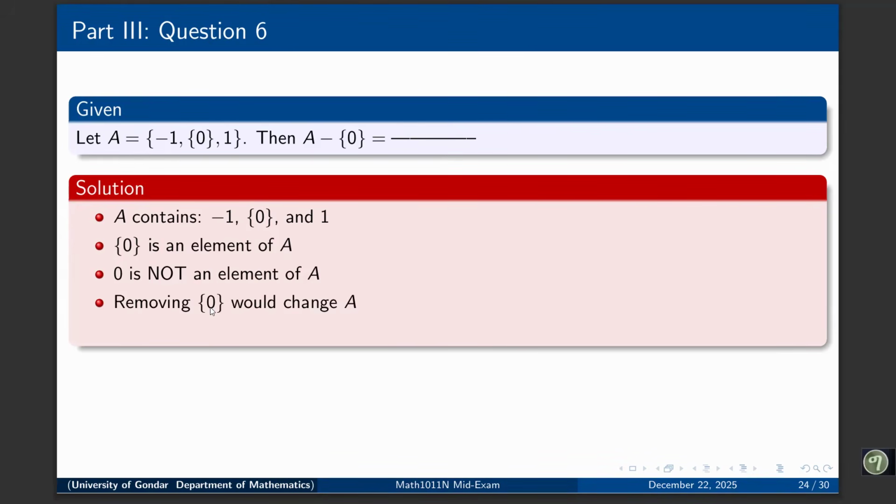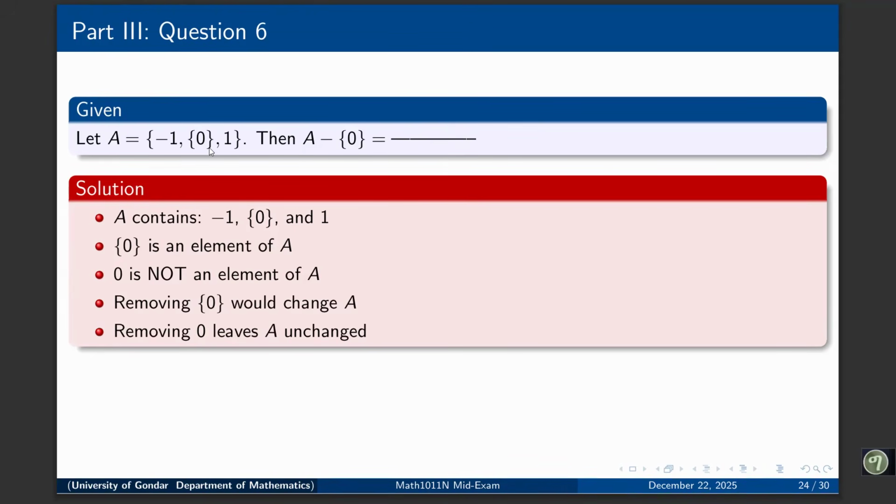And therefore, removing this one, that's simply the set B, will change A. It will change the elements, that is, it decreases by 1 element, if we remove it. But since this one is simply the set 0 given here, removing the 0 leaves A unchanged because 0 is not an element of this one.